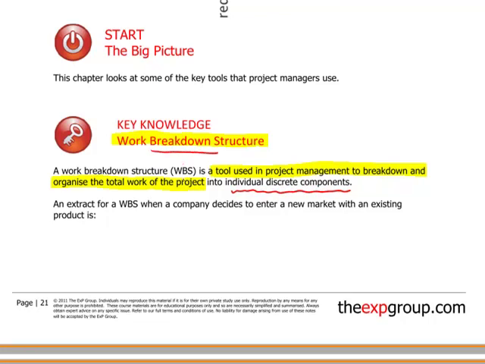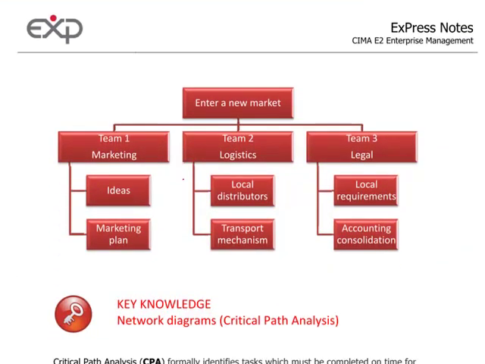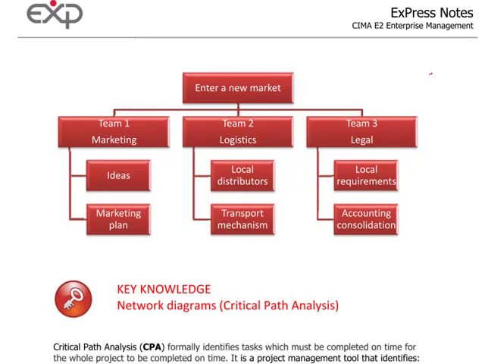We've got on page 22 an extract of an example of a WBS for a company that's looking at entering a new market. So the big picture project is the company is planning on entering a new market. Well, we've broken that down into various components. Team 1, marketing.